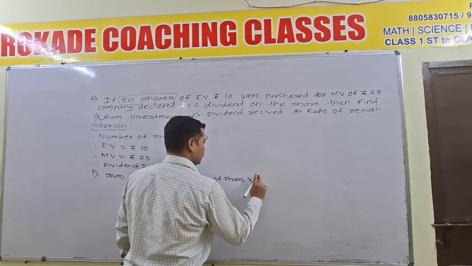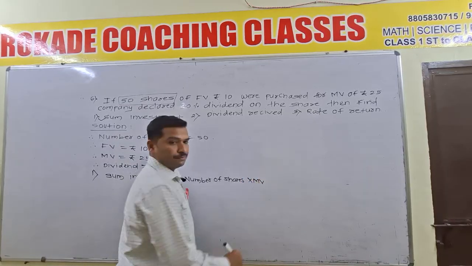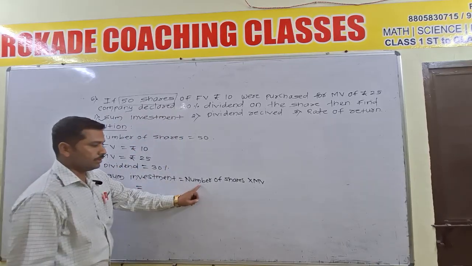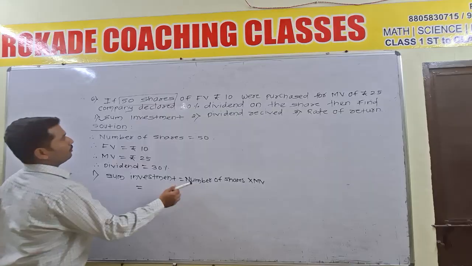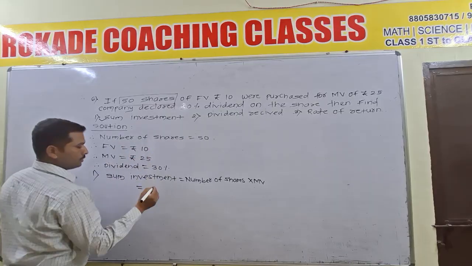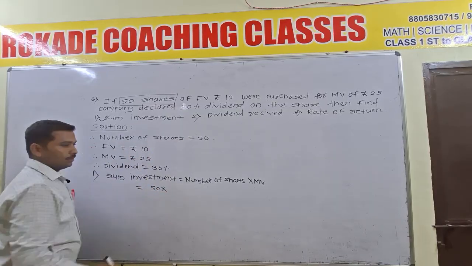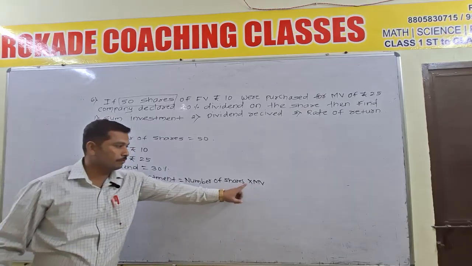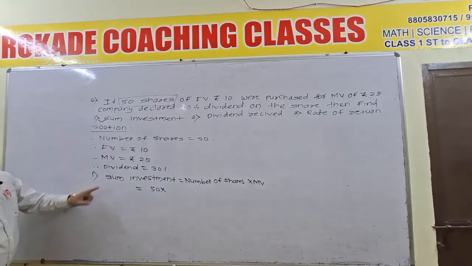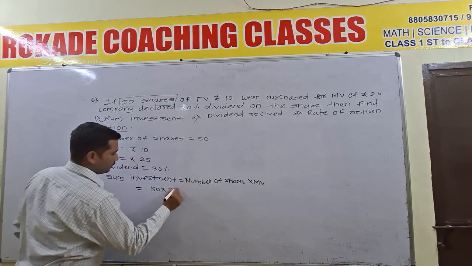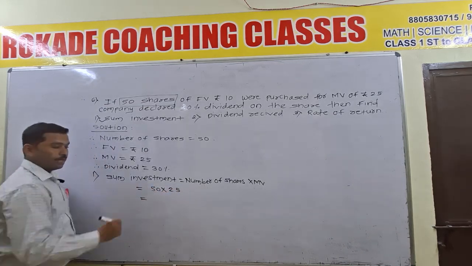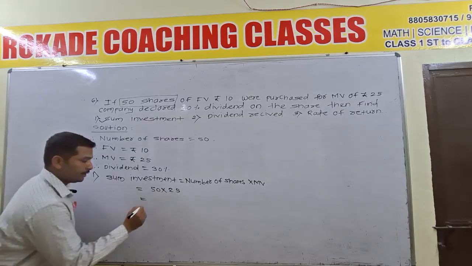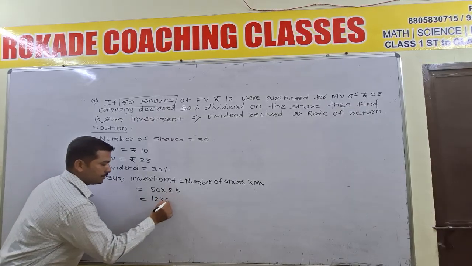How many shares? The number of shares is 50. Multiply by market value, which is 25. 25 times 50 is 1250.